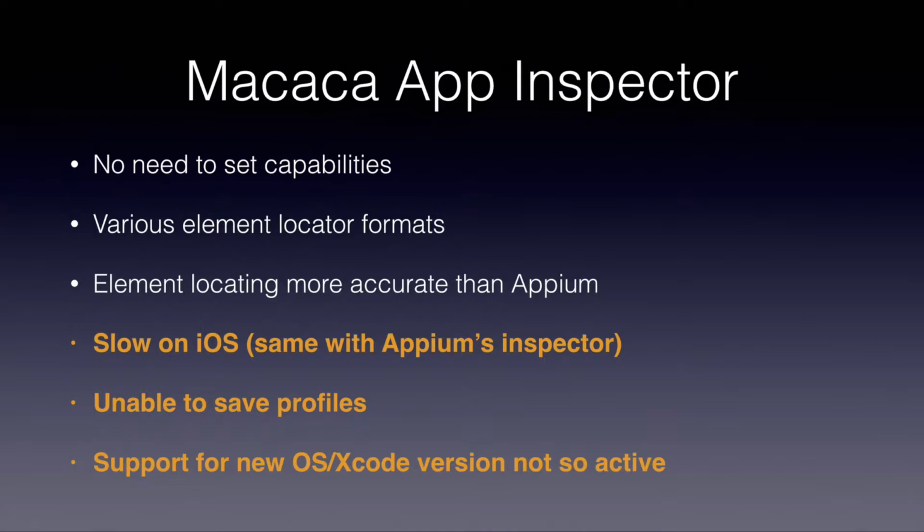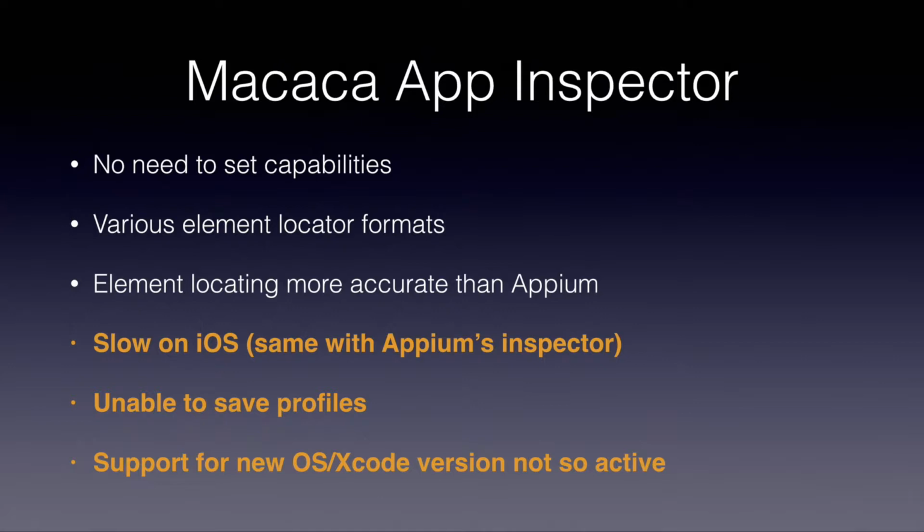I don't know why, but sometimes with Appium's built-in inspector it is very difficult to click some of the elements. So the Macaca App Inspector has a lot of advantages. But it's slow on iOS, though it's the same with Appium's inspector. It's very slow. I don't know why.